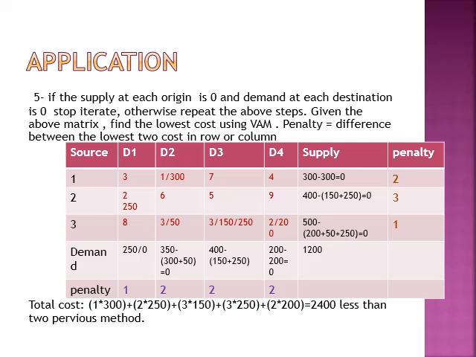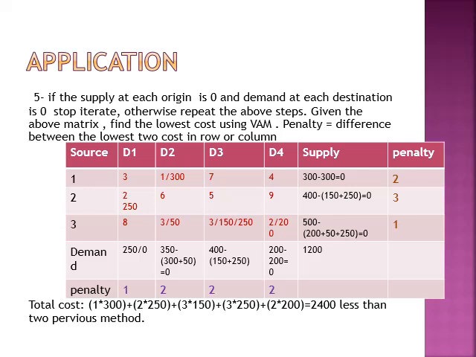Now, let's find the penalties for the rows. Row number 1 consists of 4 costs: 3, 1, 7, 4. The two lowest costs are 3 and 1, so the difference between them is 2. Its penalty is 2.